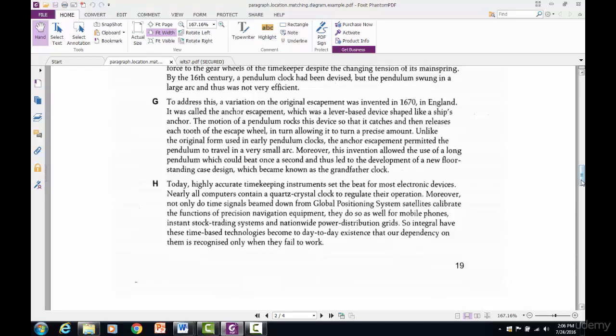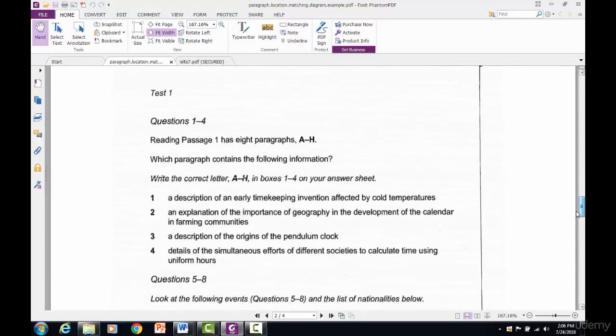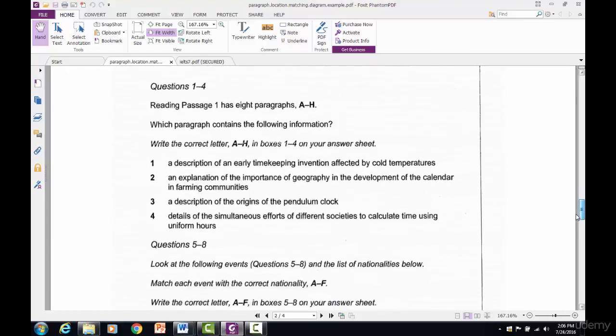There's nothing about farming or that stuff there in paragraph G. And then we have number 4. Number 4 is paragraph E with the French and the paragraph about the equal hours. And number 3 is F with the description of the pendulum clock. But that paragraph with 1670 talks about nothing about timekeeping and cold temperatures.